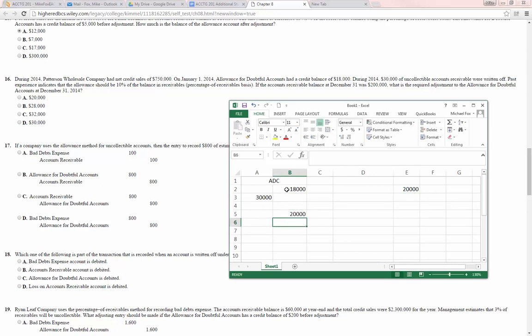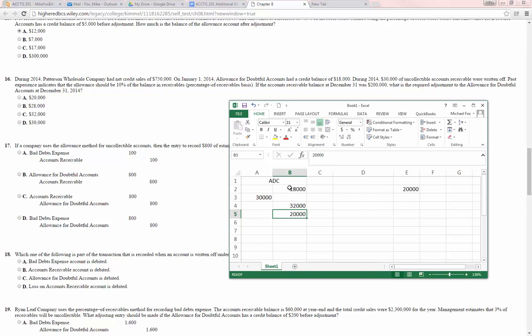So if we started with 18,000 on the credit side, then we debited 30,000 during the year, and we want to end up with a credit balance of 20,000, then the question is, how much should the adjusting entry be? It should be then, I'm just doing math in my head here, 32,000.